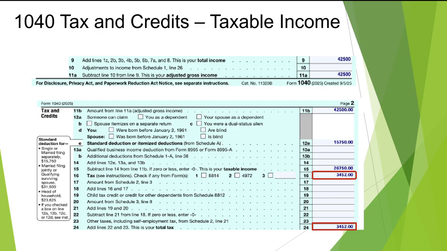Jordan doesn't have children, and so there's nothing on line 19, right? But it would be a credit which could reduce the amount that he owes to zero. It's what's called a non-refundable credit, which means he won't get a refund if he gets the child tax credit, but it could reduce his tax liability to zero. But again, he's filing single, he doesn't have dependents, so it's not going to be relevant in Jordan's case.